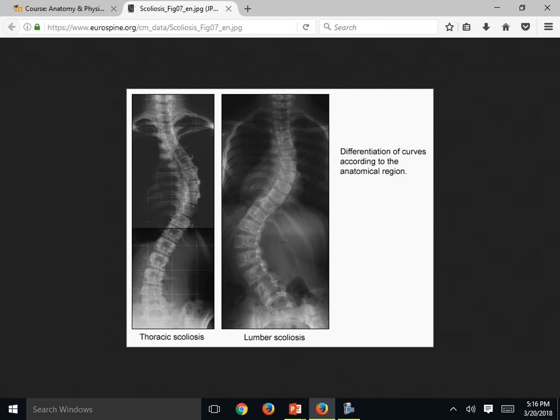Scoliosis is a condition where there's a lateral curvature of the spine. So you can see there, this is actually a thoracic scoliosis, but it's also lumbar scoliosis. So I've got two pictures, and depending on where that curvature is, that determines the severity of it.